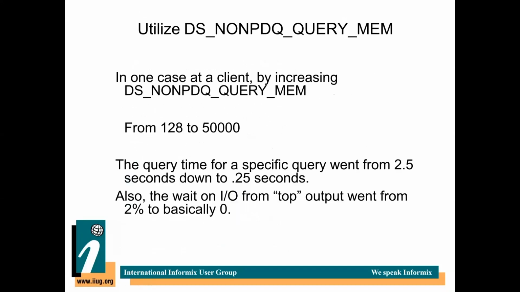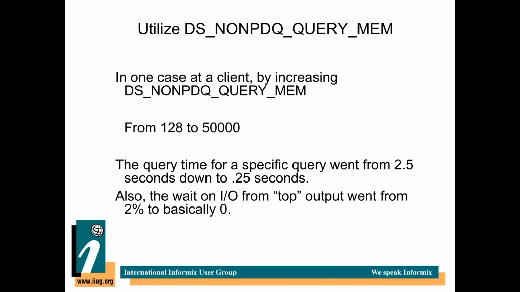One example for us at one client: by increasing DS non-PDQ query mem from 128, which is the default, to 50,000, without doing any other tuning, the query time for this specific query went from 2.5 seconds down to 0.25 seconds.